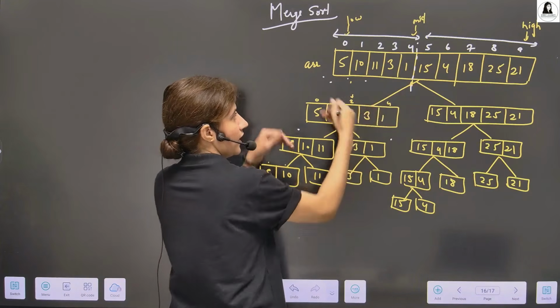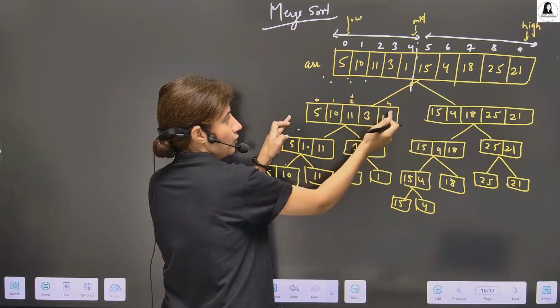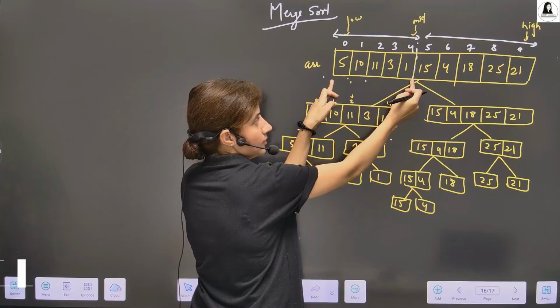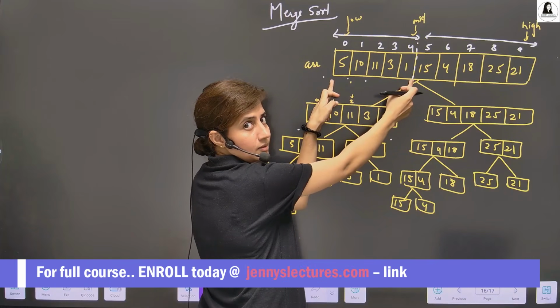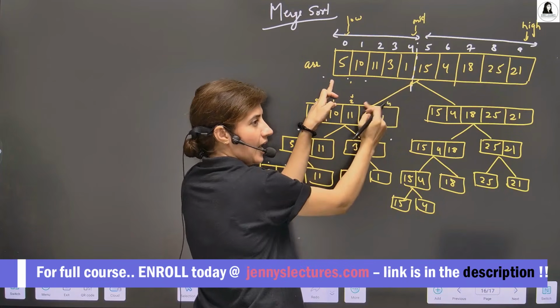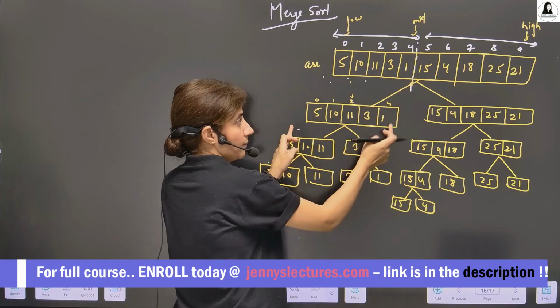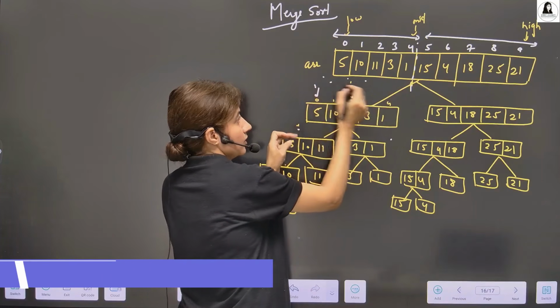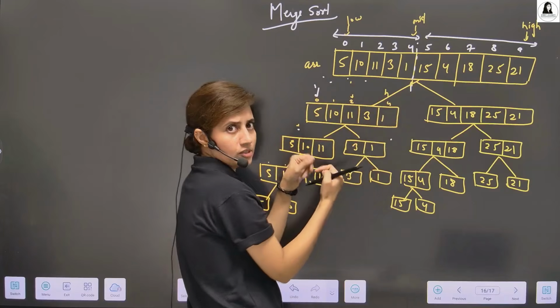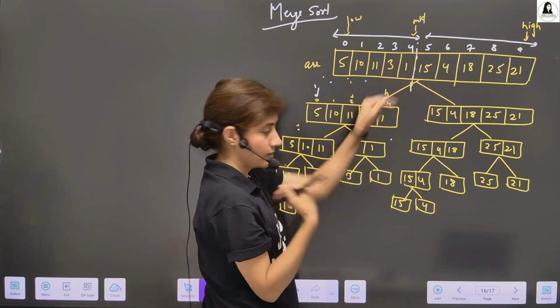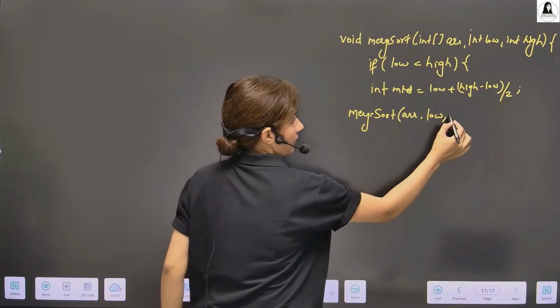So for this list, we again divide. Mid for this is what? For this list, low is 0, but high is whatever the mid is. This is low for this list, this is high. High for this sublist is whatever the mid is. So you have to write here low and mid.